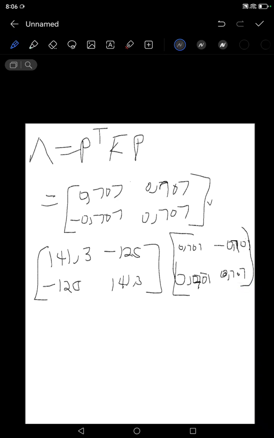But at the end, when we multiply and do the determinants, it's going to give us this.